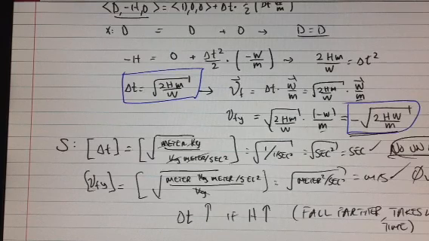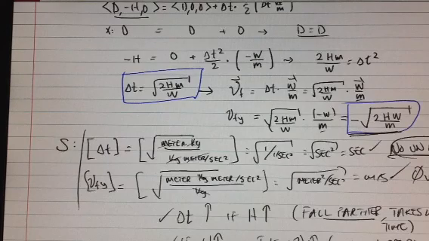Look at the expression for v final. Again, if h increases, then v final increases. You fall farther, you hit harder. This is 1 check, 2 check, and then the basic checks. And that is the solution that I want to see.